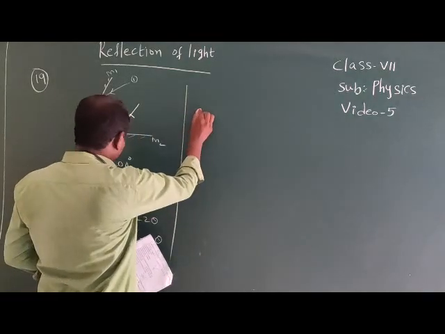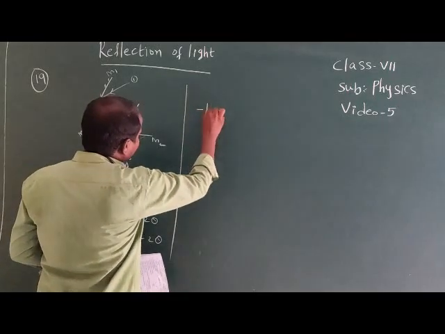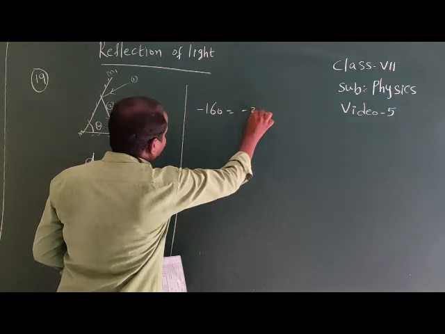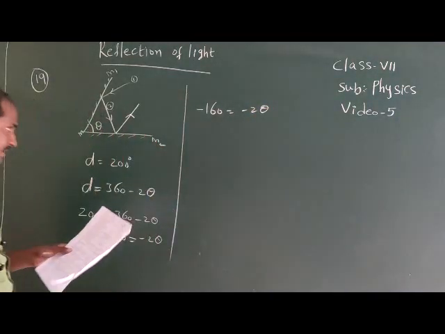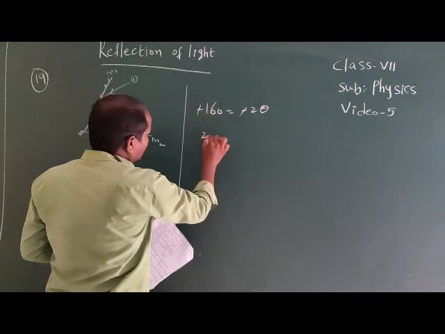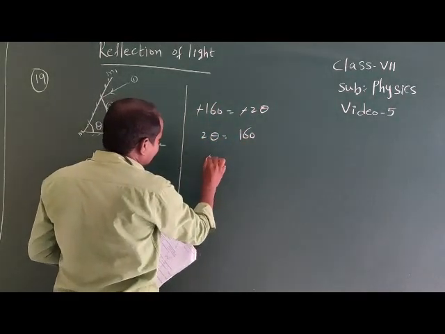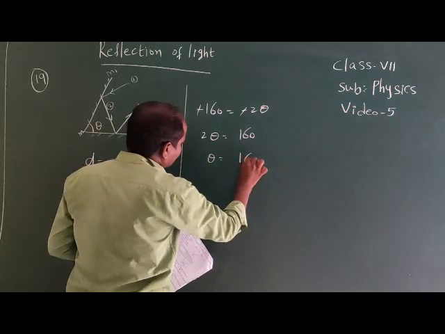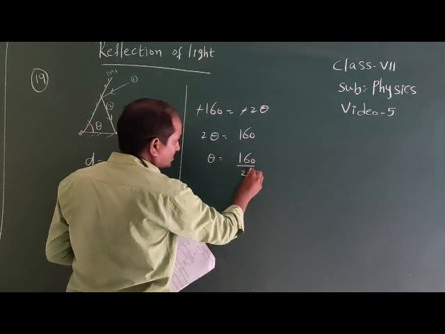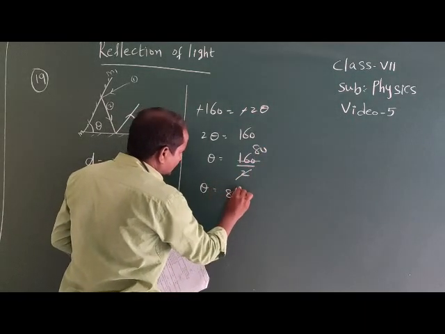The minus signs cancel, so 2 theta equals 160, therefore theta equals 160 by 2, that is 80. So theta equals 80 degrees.